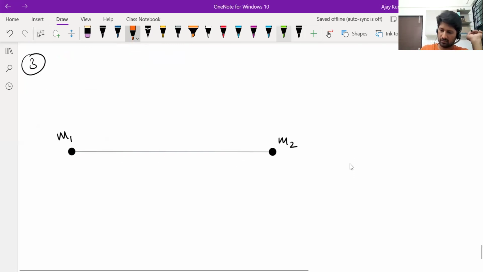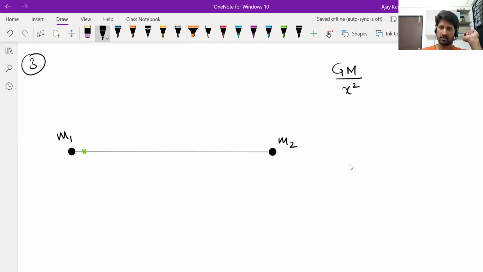Consider a point which is very close to the first mass. If you take a point like this, m1 will create a field there, m2 also will create a field there, but the point is very close to m1. Field created by a point mass is given by the formula GM by x square. Lesser the distance, stronger the field.